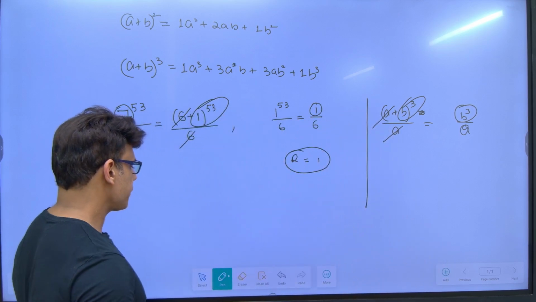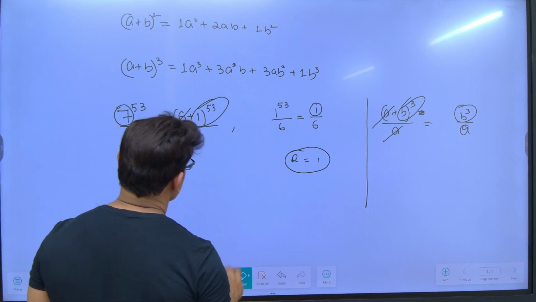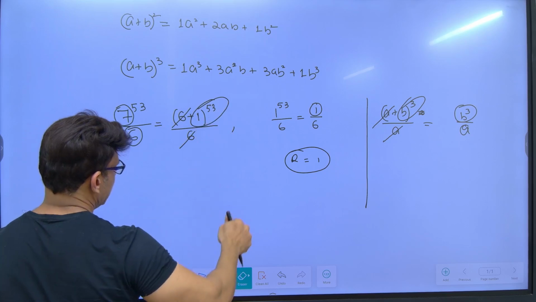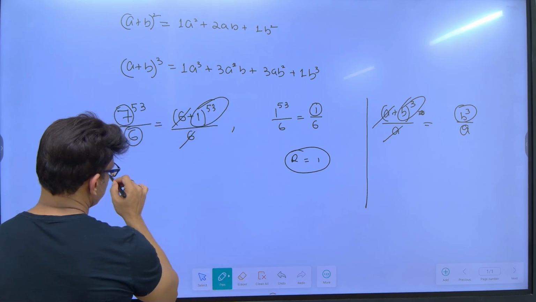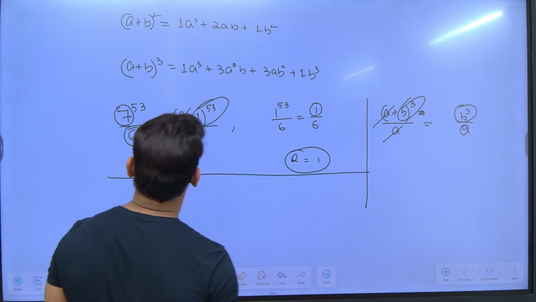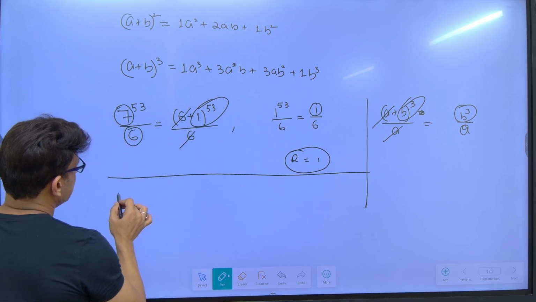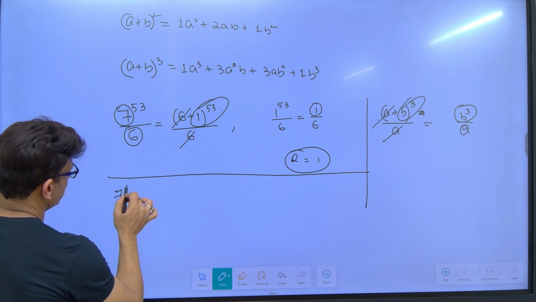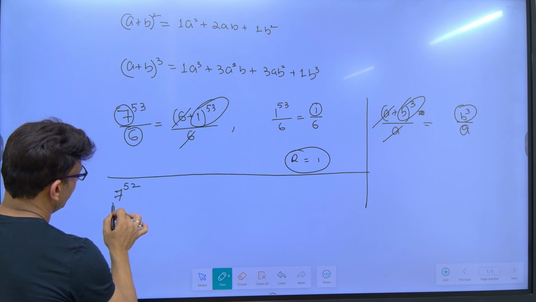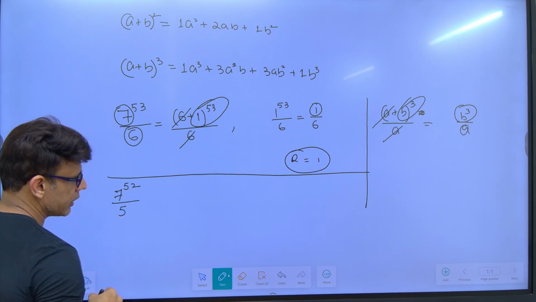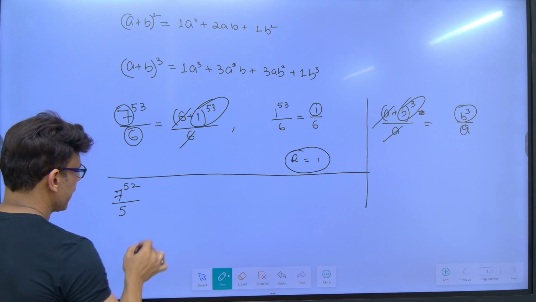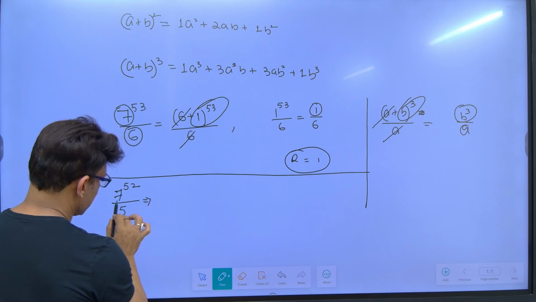Now, if I take another question, let's say we have 7 raised to the power, let's say 52, divided by 5. Let's change the power so we can understand it. Now 7 can be written as what? See, denominator is 5.